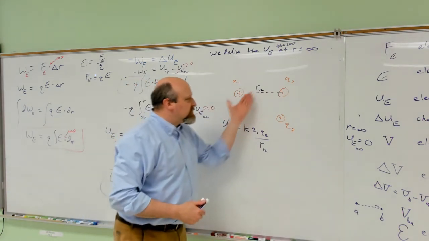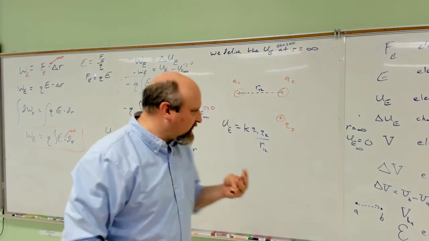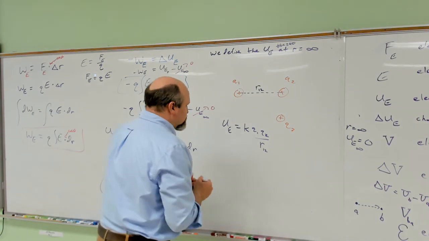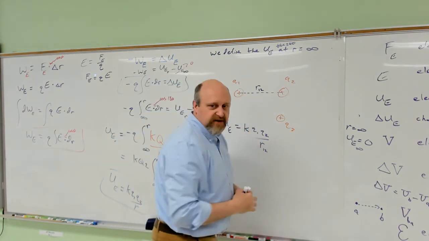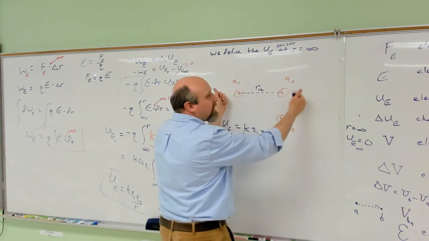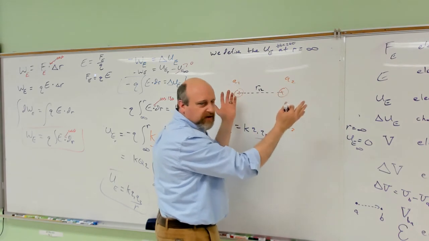Can I calculate the energy stored up in this system of three charges? Well, we actually did a similar calculation with gravity for three masses, right? What I recognize is potential energy exists because there's a force, a conservative force between the objects, right?